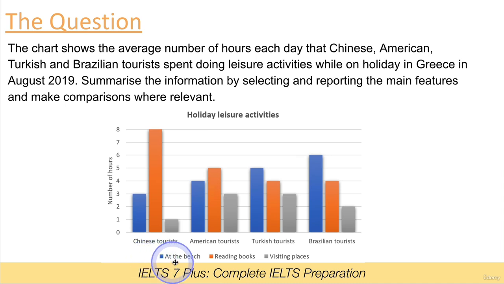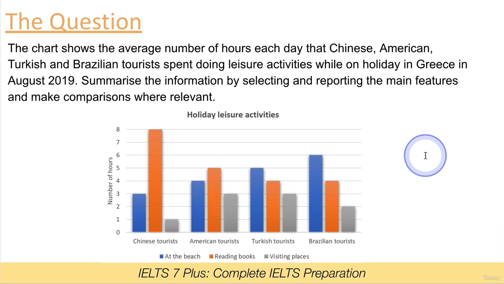So blue is at the beach, orange is reading books, grey is visiting places. Okay, and the number of hours on the y-axis. So right, 0 to 8 hours. Okay, so it's quite straightforward, quite straightforward variable here.